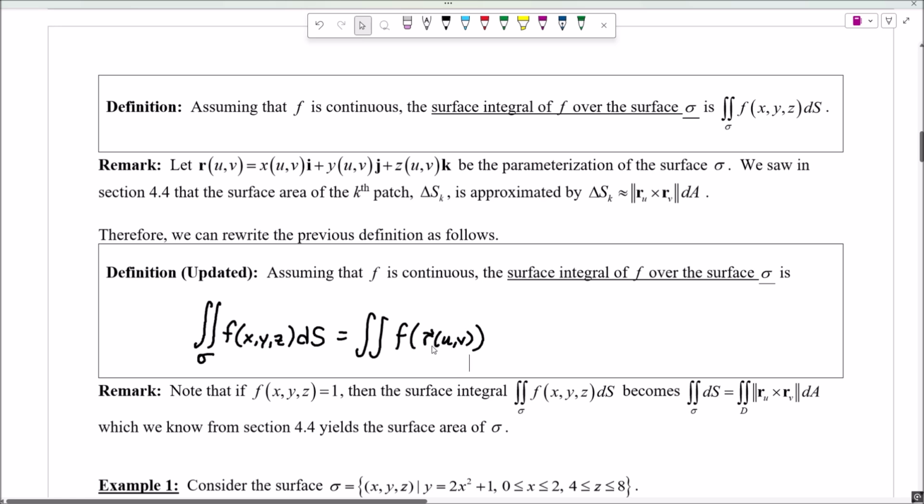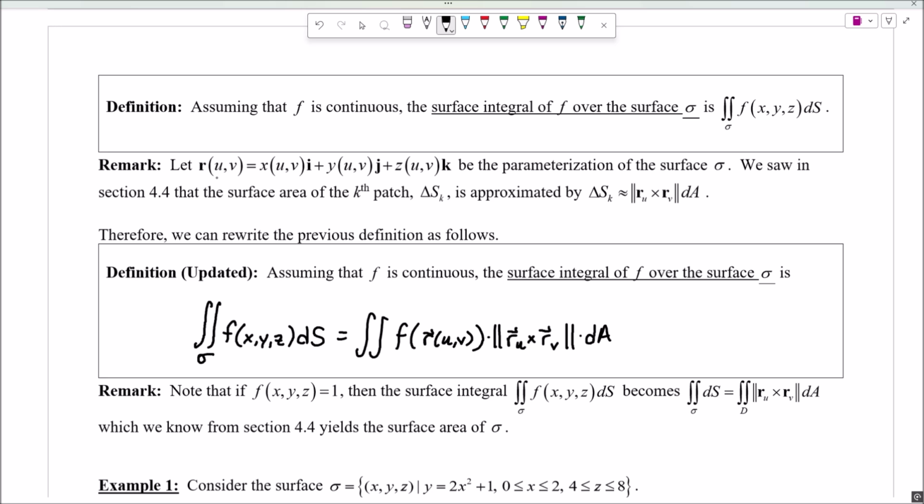Again, remember this notation is just saying I need to update the x's and y's and z's in terms of the components of this vector function r. And then at the back, this delta s sub k is going to get replaced with the norm of the cross product of my partials of r multiplied by this dA.